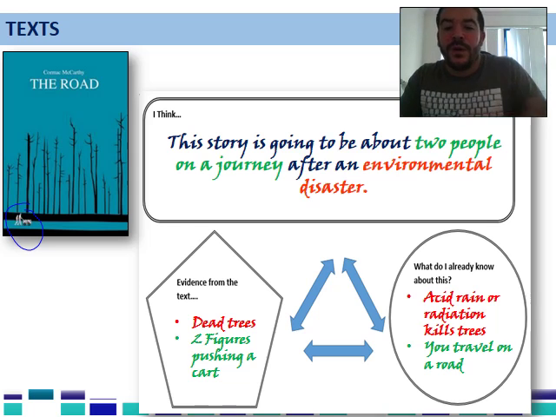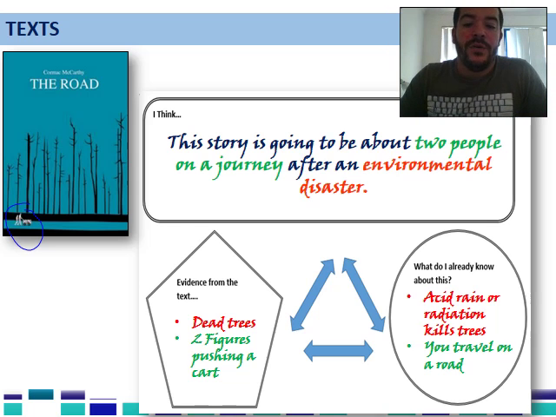They look like that in acid rain prone areas. And you travel on a road, which is kind of what a road is. So putting those ideas together, my inference is that the book is going to be about people surviving in a post-apocalyptic world. It's really good. It's a great book. The movie's good too.